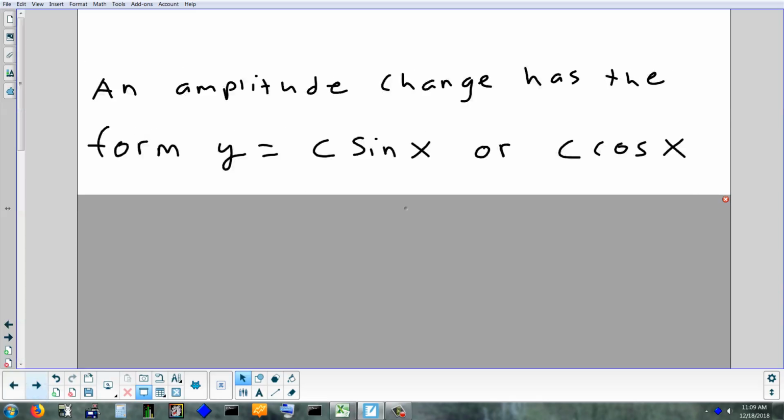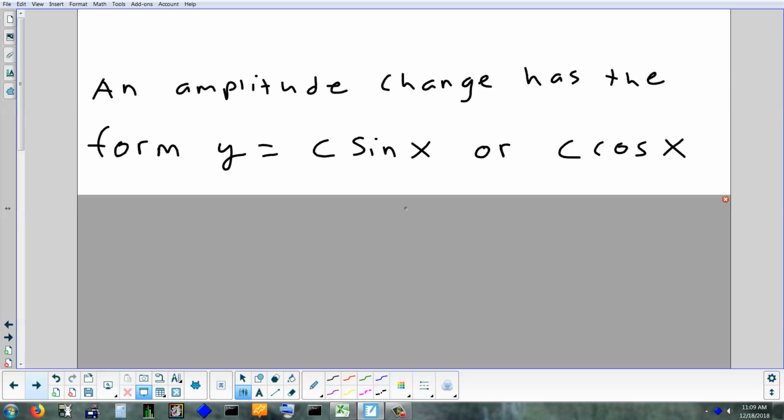So an amplitude change is basically what we call a vertical stretch. If you make the amplitude higher, it stretches. If you make the amplitude lower, it compresses. Whenever you add or subtract, that's a shift. Whenever you multiply, it's a stretch. The only question is, when you multiply, where did you multiply?